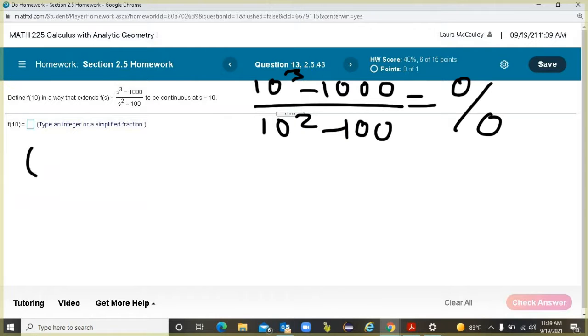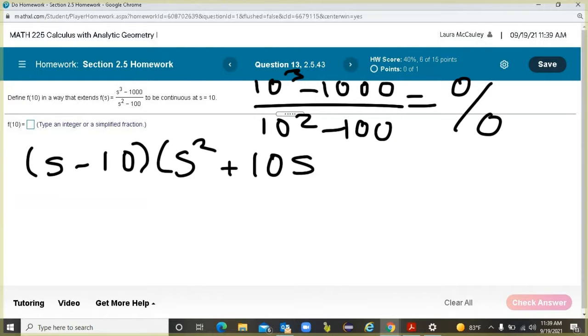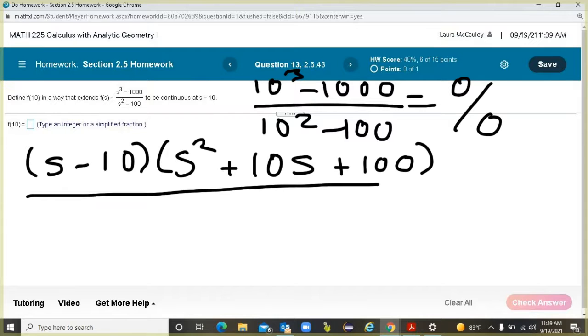So let's factor that top. That's a difference of cubes again. So it's same sign, opposite sign, and always positive. 10 squared is 100. So that's a minus b, a squared plus ab plus b squared. And then we're going to divide that by the bottom, which is a difference of squares.